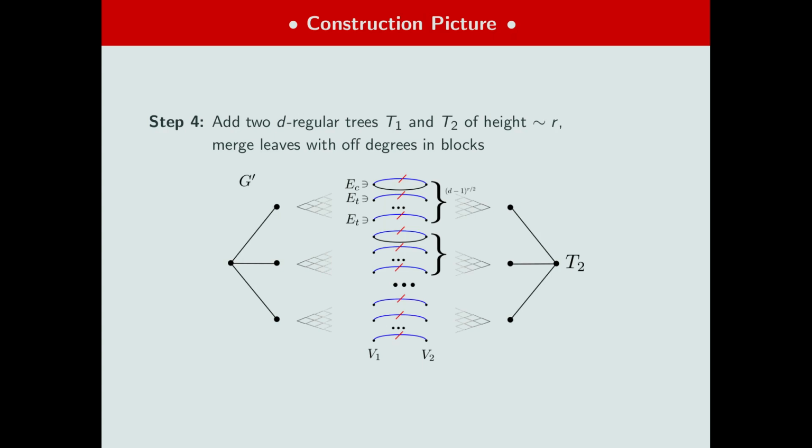And we repeat this block structure until we merge every single vertex of off degree with a leaf from these trees. And obviously we have to be careful with the number of vertices and edges removed so that this all matches up. We won't look at that, but it's possible to remove the perfect number of edges such that we can match every single vertex with a leaf from one of these two trees.